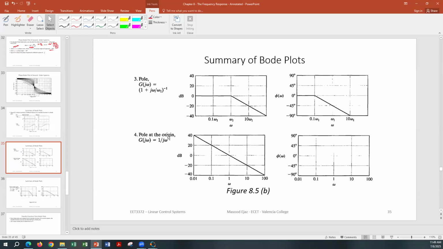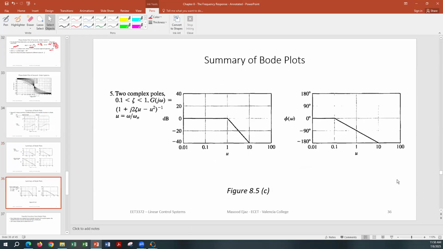If you have a pole at the origin, 1 over j omega, then it's going to drop by negative 20 decibel per decade. And if you have the second order system, then until u equal to 1 it is flat, and after that it is negative 40 decibel per decade. But again, you will have to do some approximation here.